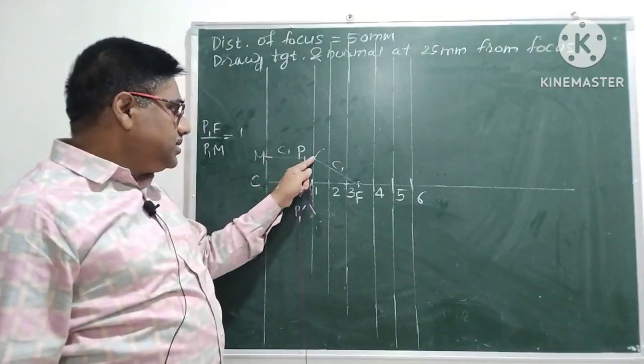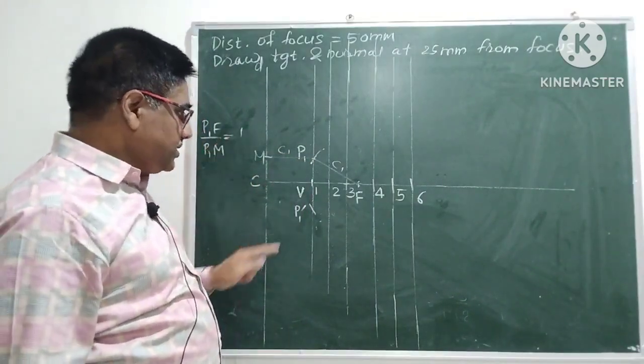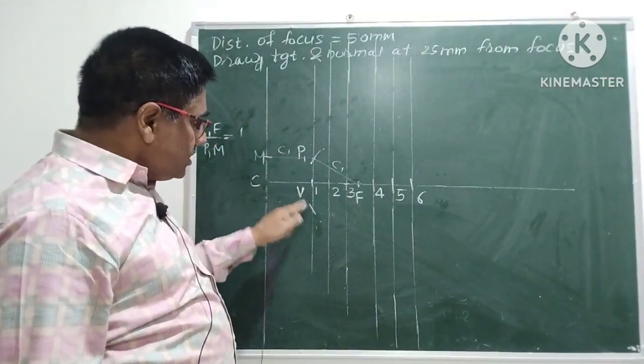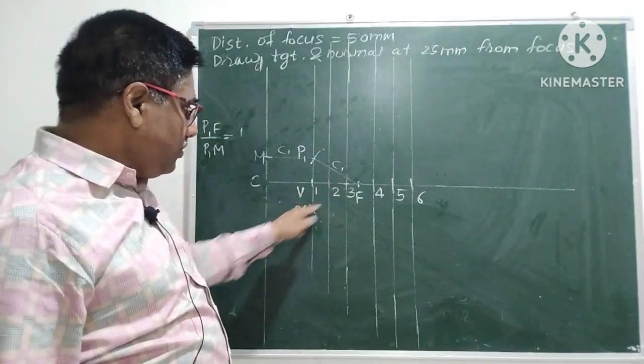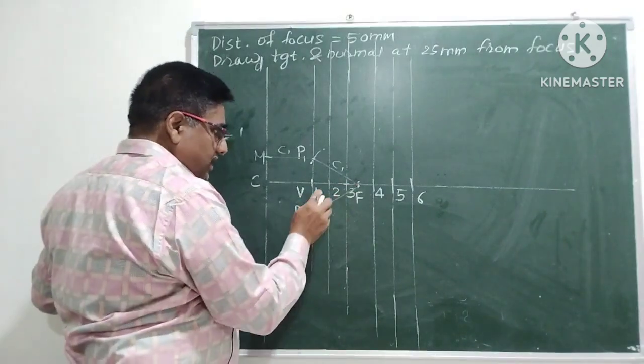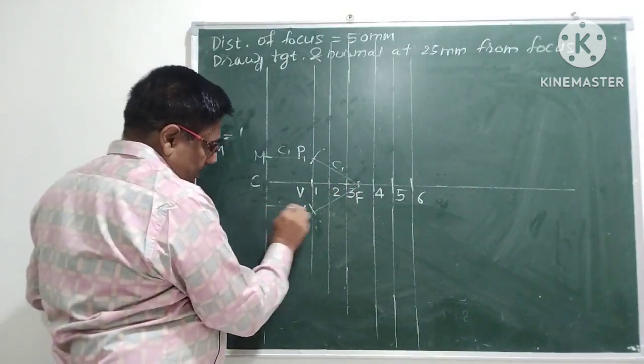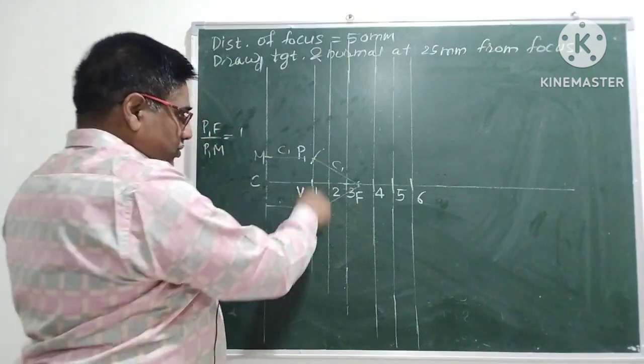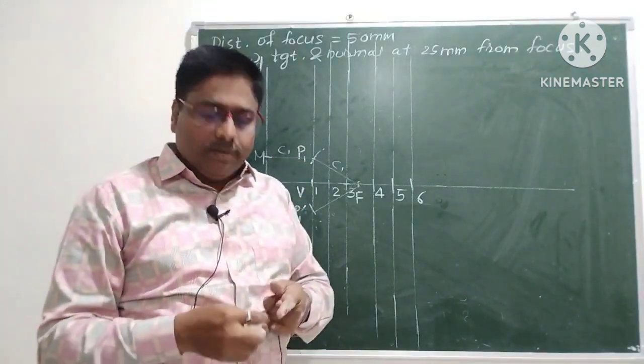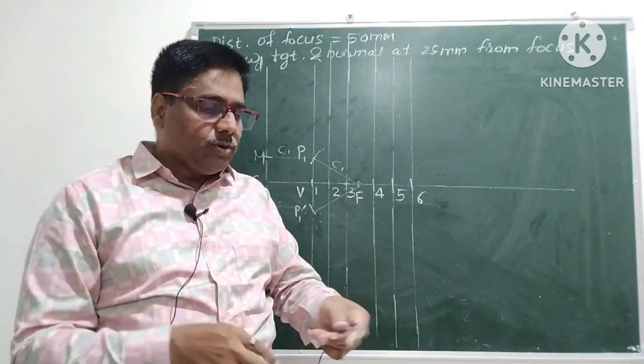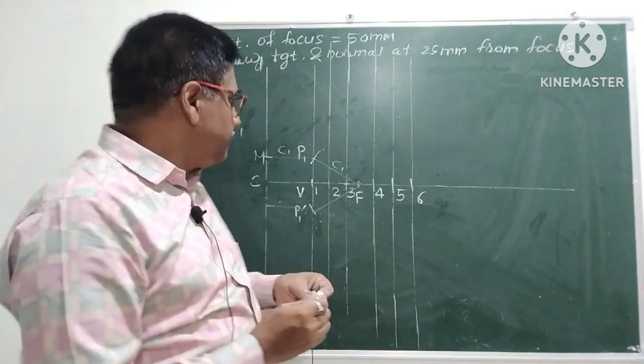That's why this point should lie on the parabola. Similarly, this point also lies on the parabola. Therefore, these two points lie on the parabola. Repeat this procedure for the remaining points also.